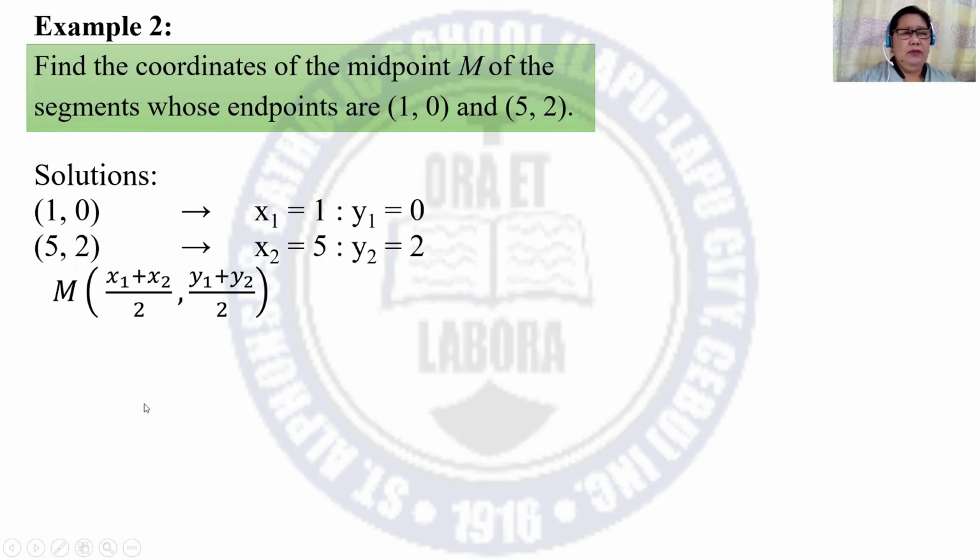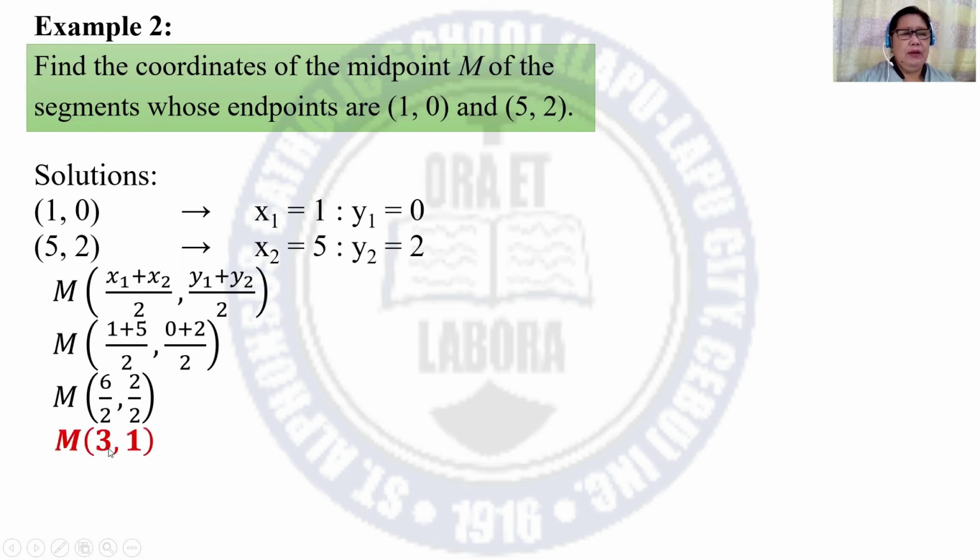Using the formula for the midpoint, all you have to do is substitute the values. Then simplify, we have 6 over 2, and 0 plus 2 is 2 over 2. Simplify further, 6 over 2 is 3, 2 over 2 is 1. So the coordinates of the midpoint are (3, 1).